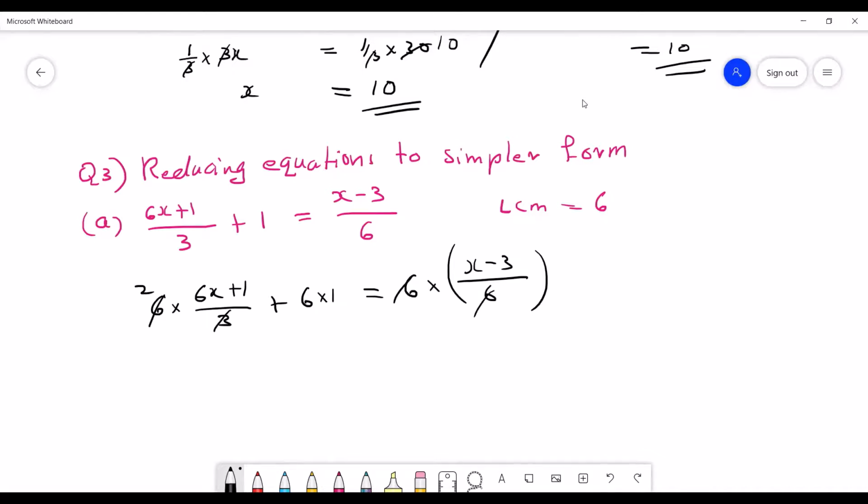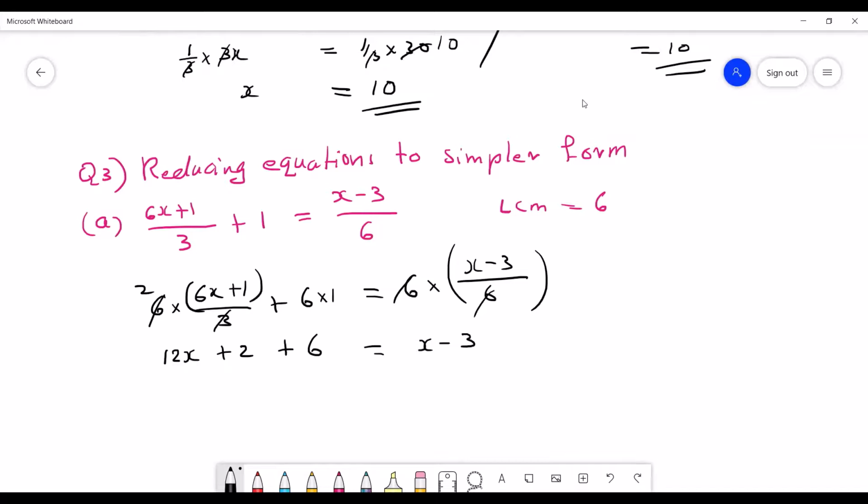Then we will get to the equation as 6x plus 1 plus 6. So here we have to multiply with 2 also. So this will become 12x plus 2 plus 6 is equal to, here nothing is there to multiply, so it will become x minus 3.